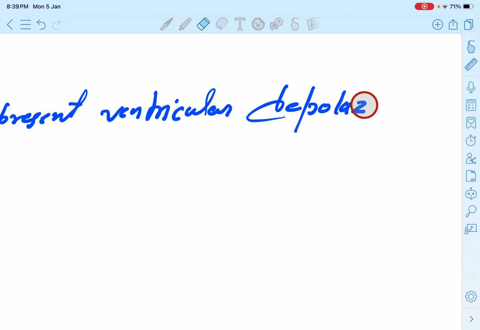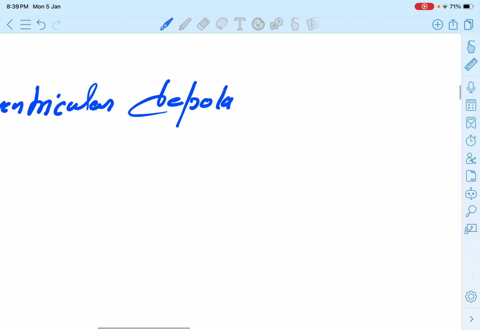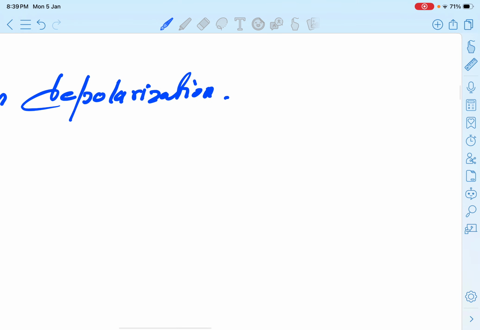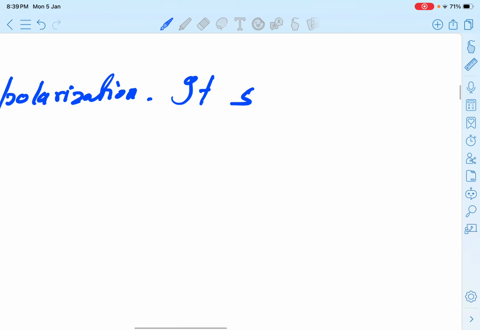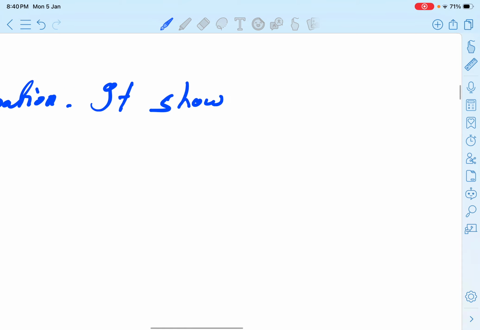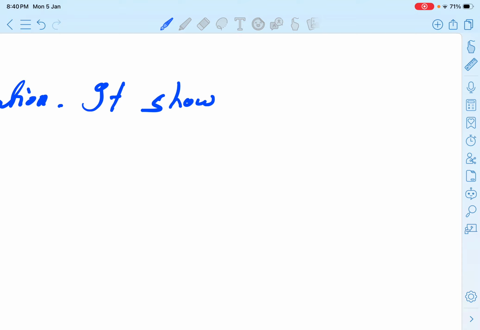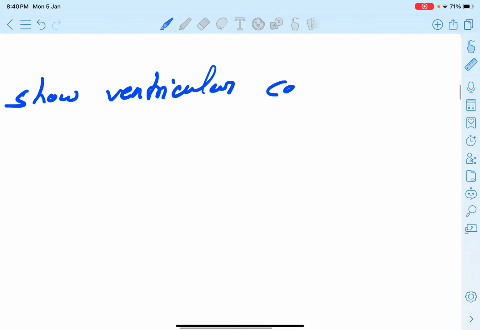I'm sorry for these spelling mistakes. Depolarization. Okay, sorry for this. Sometimes we all make these word mistakes. We are also human, so never mind. It shows ventricular contraction. I already told you that, ventricular contraction.